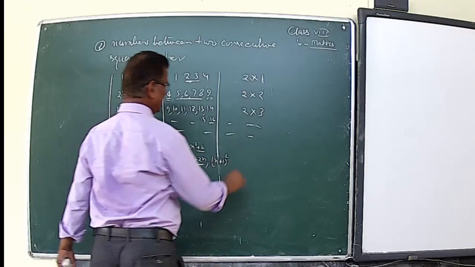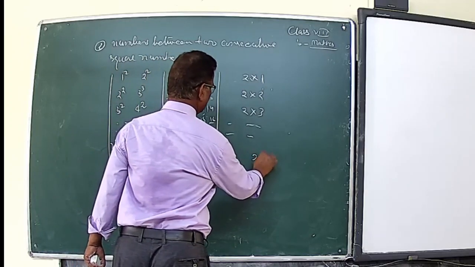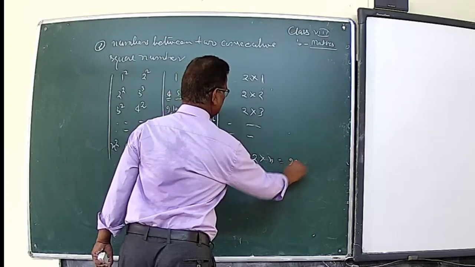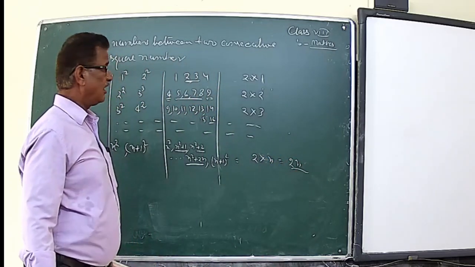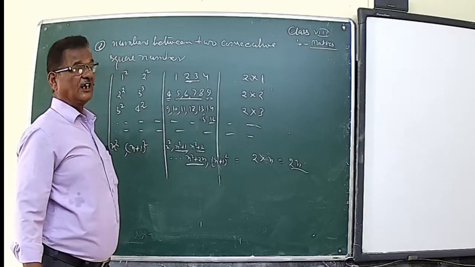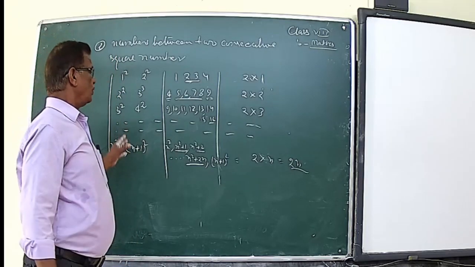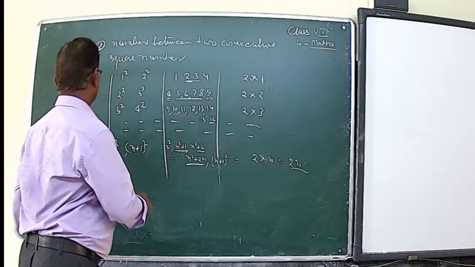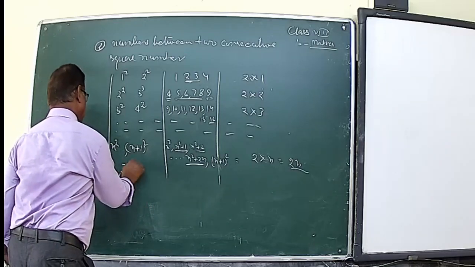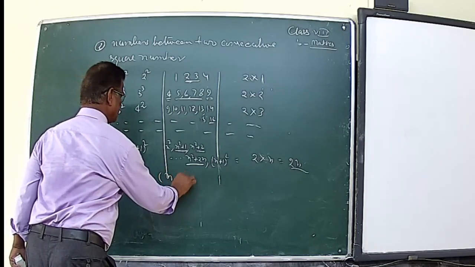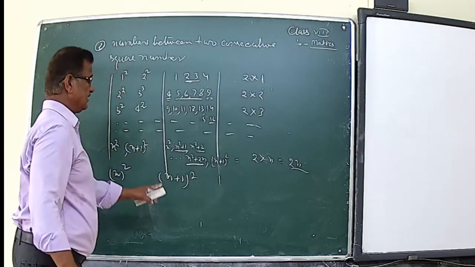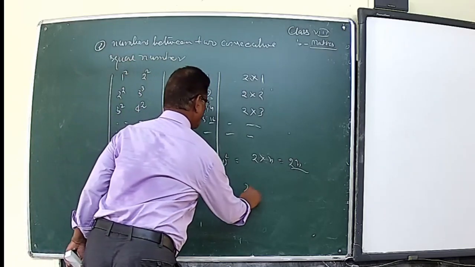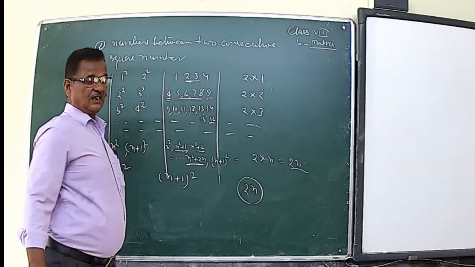They are 2 into n, which is 2n. So the non-perfect-square numbers lying between two consecutive square numbers are 2n. It means if n squared and (n plus 1) squared are given, the non-perfect-square numbers lying between them are 2 into n.